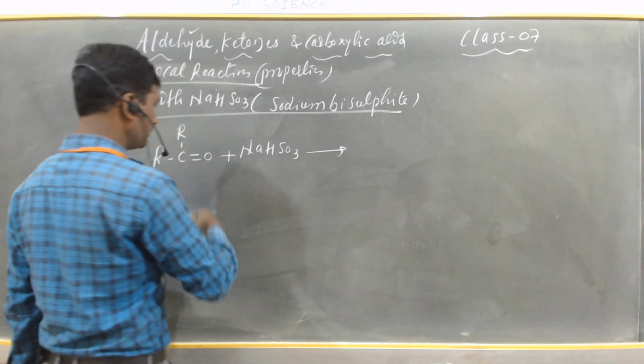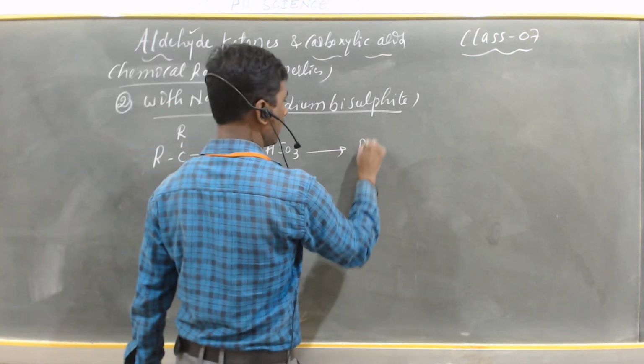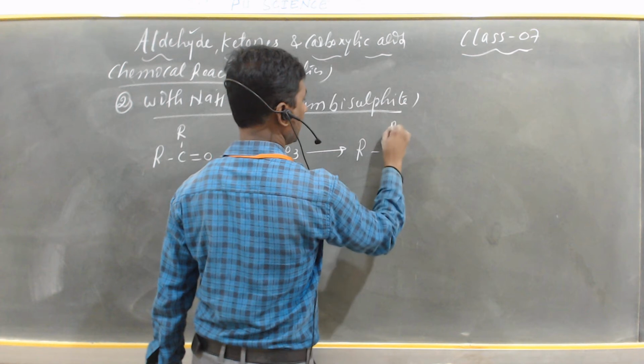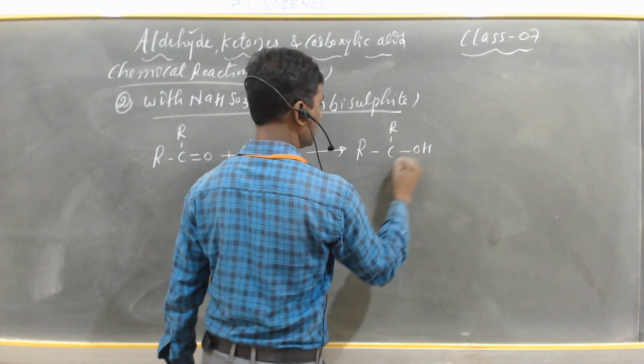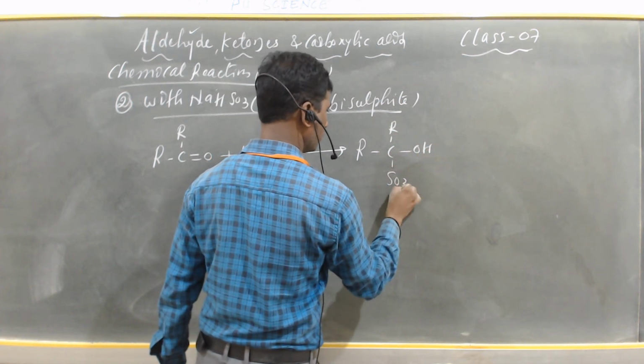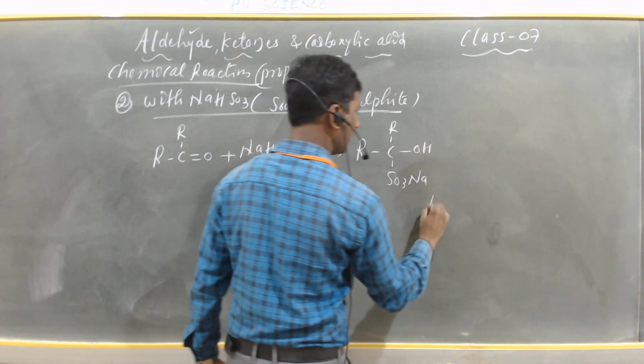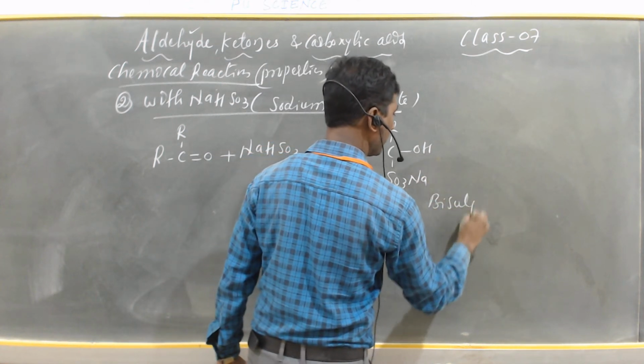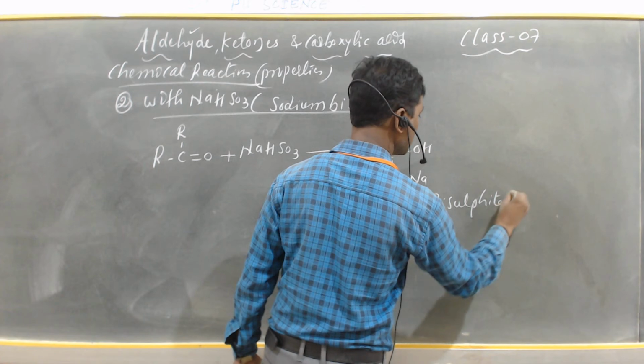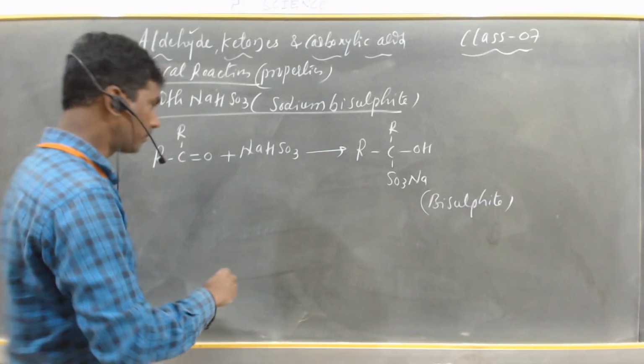By adding NaHSO3, H combines with O, giving R, C, R with OH and SO3Na. It is nothing but a bisulfite compound.